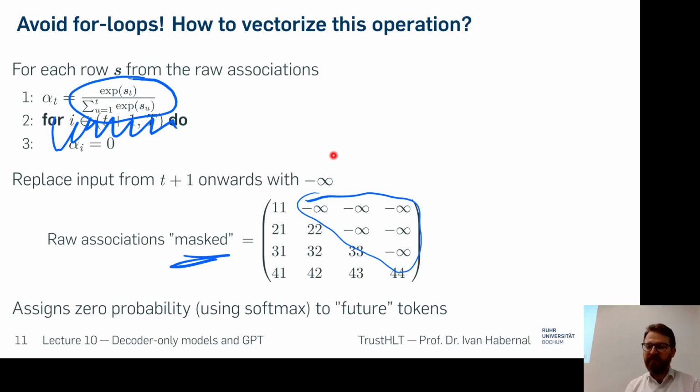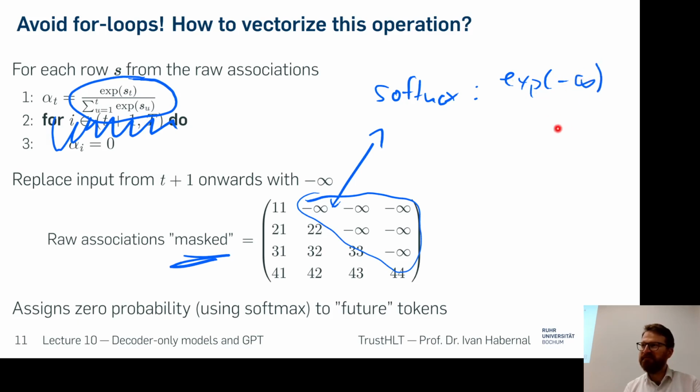So what happens? Let me see. What is the softmax value at this position? Because the higher the value, the higher it gets, and it doesn't get much lower than minus infinity. So what is this? This is 0.